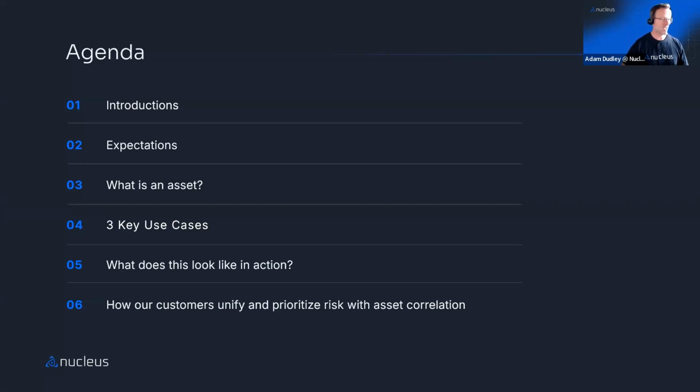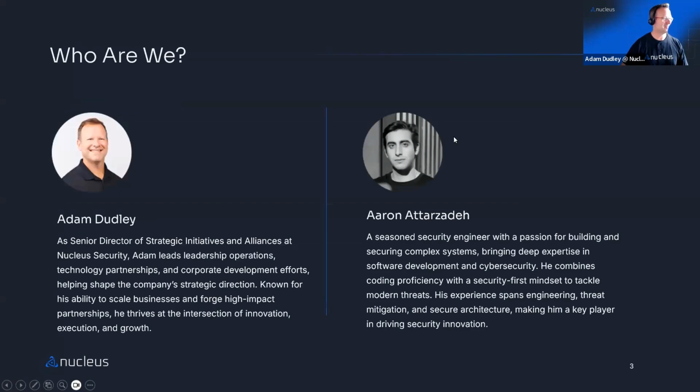We'll talk about some use cases for what we're going to share here today, and also talk about what it looks like in action. And we're absolutely happy to respond to questions throughout the discussion. No need to wait till the end. In fact, it's better if you don't wait till the end because then we might not have time for your questions. So do please ask them throughout the presentation.